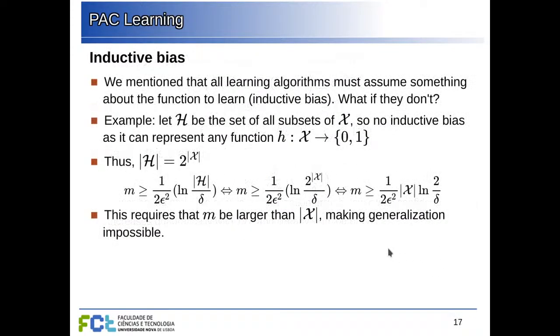Okay, so we saw in the beginning that we need some inductive bias in order for our learning algorithm to be able to generalize. This was, for example, if we have a linear classifier, the inductive bias is that we are only considering linear frontiers between the classes.